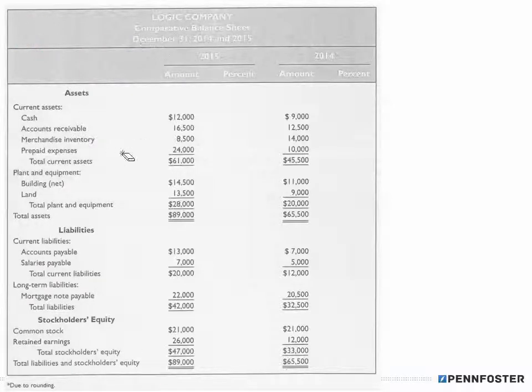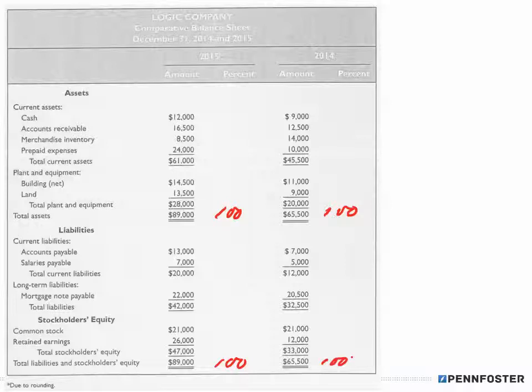If our total assets of 89,000 is 100%, because 89,000 divided by 89,000 is 100%, the same thing goes for the total liabilities and stockholders' equity, and that goes for both years. 65,500 divided by 65,500 is 100%.